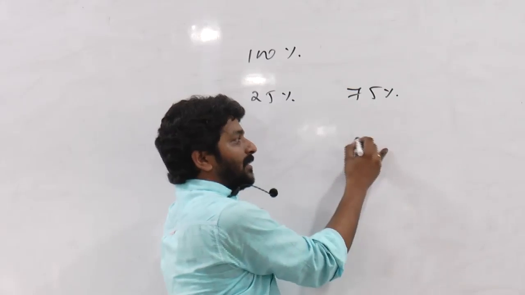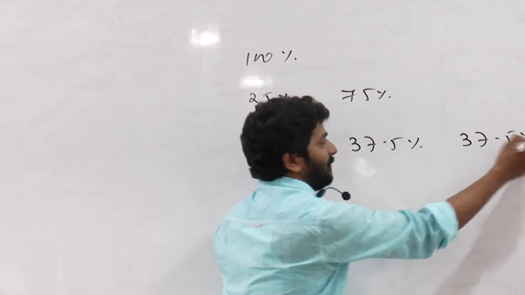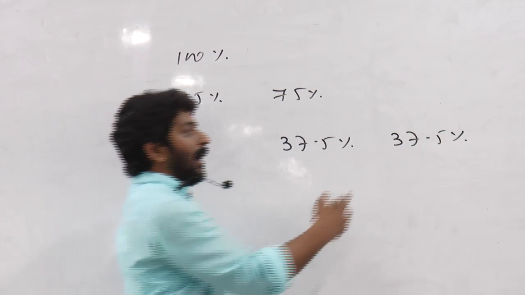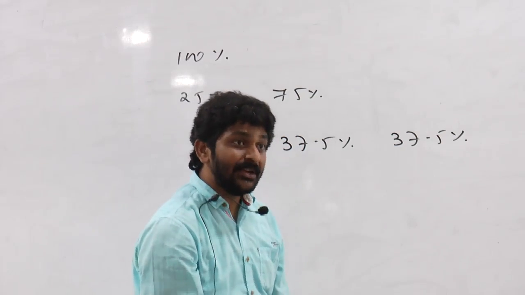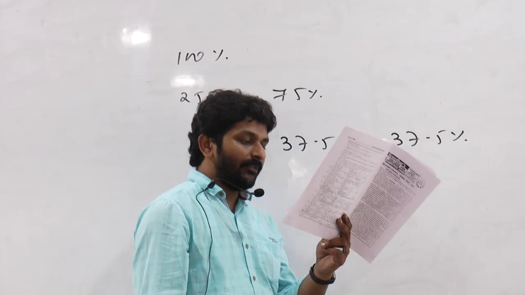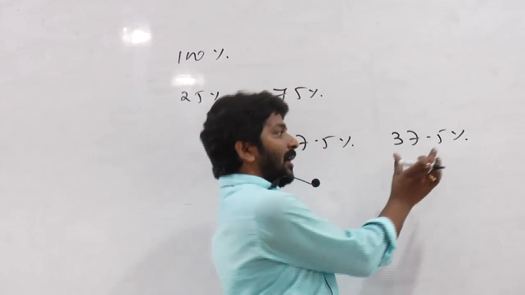Out of this 50%, which is 37.5%, remaining is 37.5%. Yes or no? And out of this C takes 75%, remaining is given as 5760.